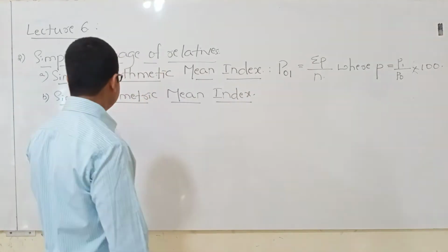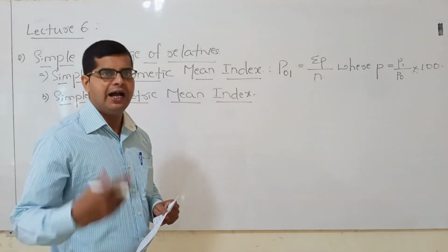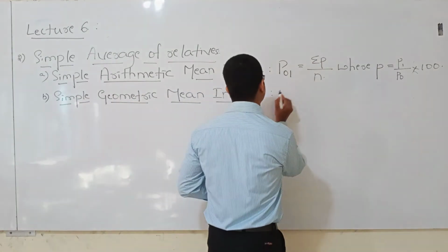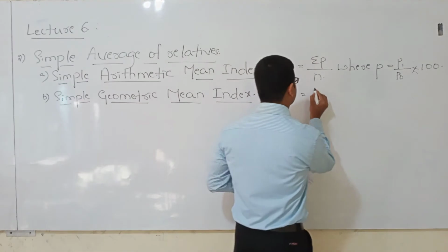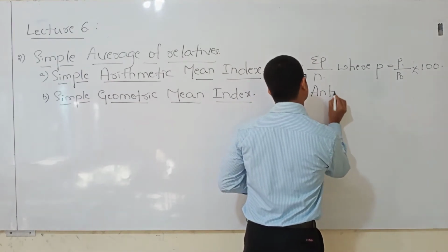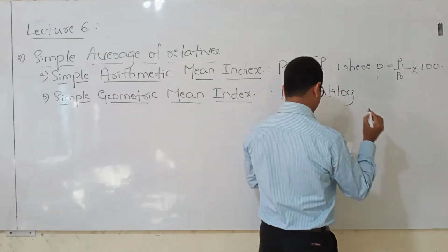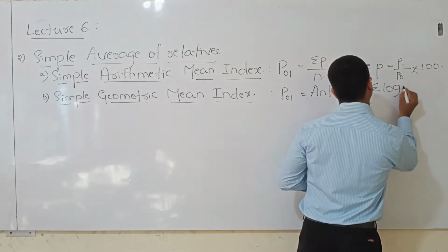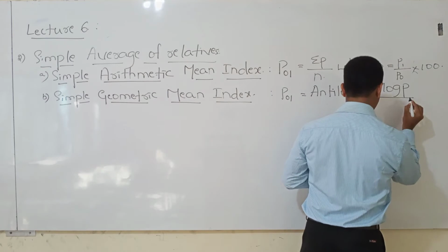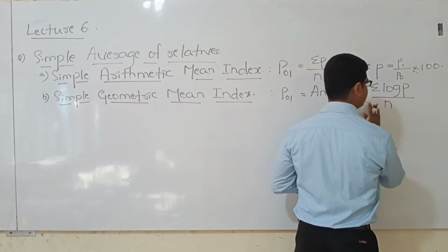Okay, so simple geometric mean index. Again, we are constructing index numbers here, that is P01 is equal to anti-log summation log P divided by n.